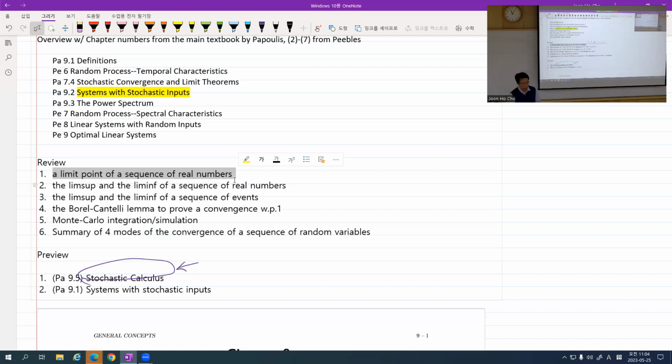So I gave you an example of a sequence x_n, that is sine n. Interestingly, sine n, where n is an integer, a natural number, has every real number between 1 and -1 as a limit point. For example, suppose you choose 1 over square root pi.